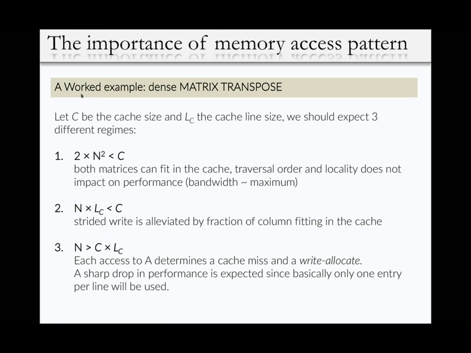Well, just a few words about an effect related to the cache that you may encounter. This is an example that uses dense matrix transpose. Basically, if C is the cache size and LC is the size of a cache line, you expect three different regimes.